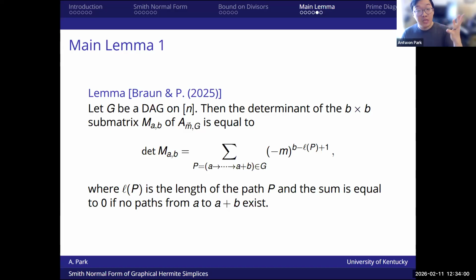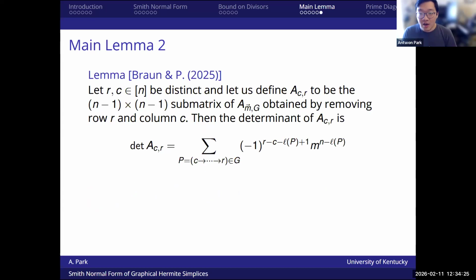And so this is a great tool, and it's going to help us answer the question, what is delta sub n minus 1? So remember that I'm trying to compute the GCD of the n minus 1 by n minus 1 minors. And with this, you can then show that we have a notation here, A sub c comma r is the n minus 1 by n minus 1 submatrix of our graphical Hermite simplex obtained by removing row r and column c.